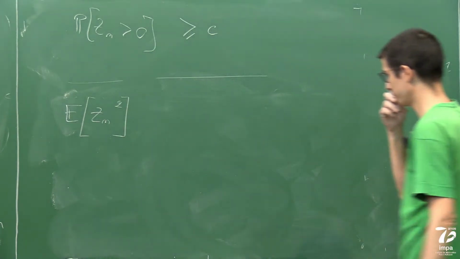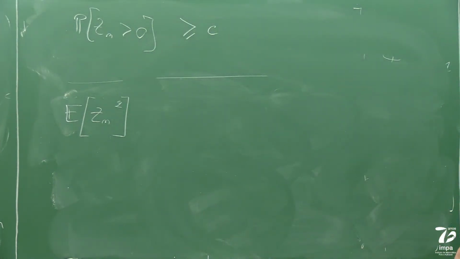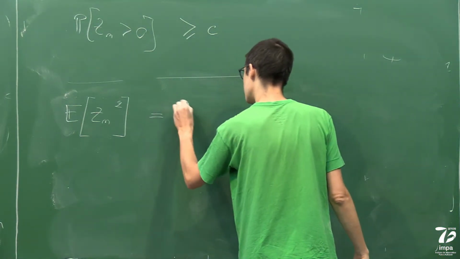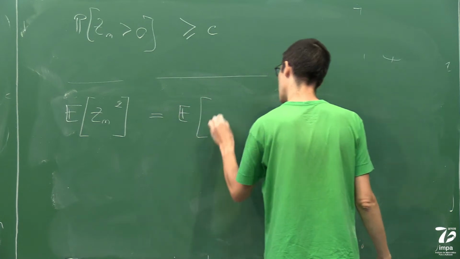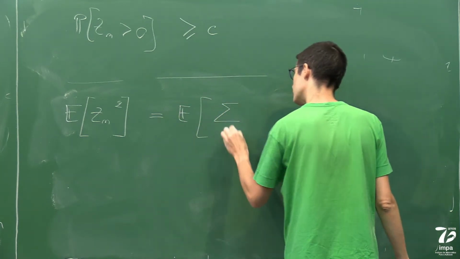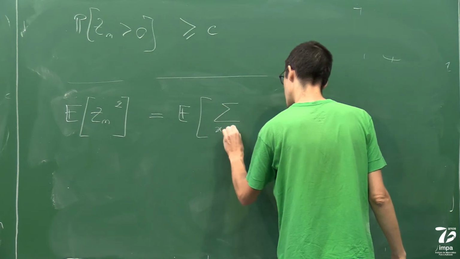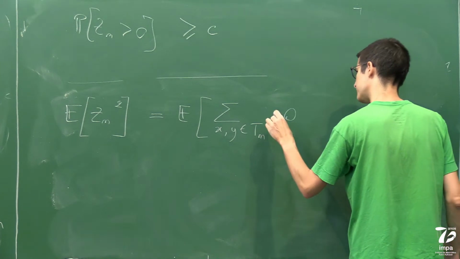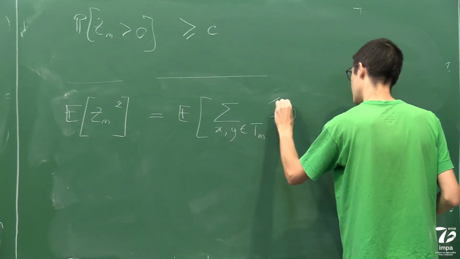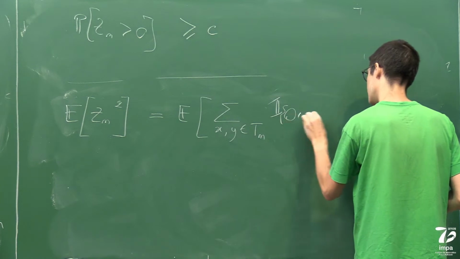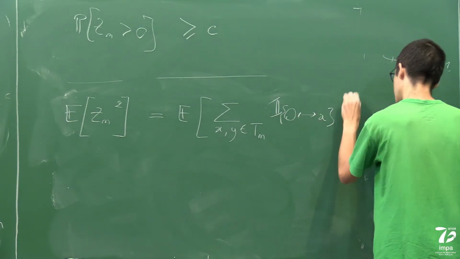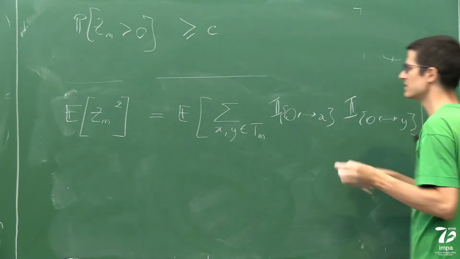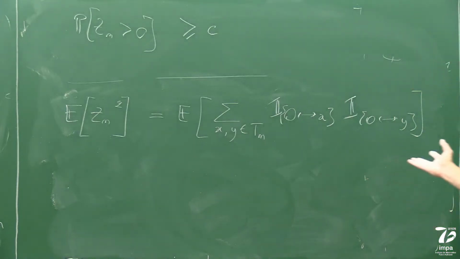Okay. So the expectation of Zn square is the expectation of the sum over x, y in Tn of indicator 0 is connected to x, indicator 0 is connected to y. I'm just writing Zn as a sum and expanding the sum.